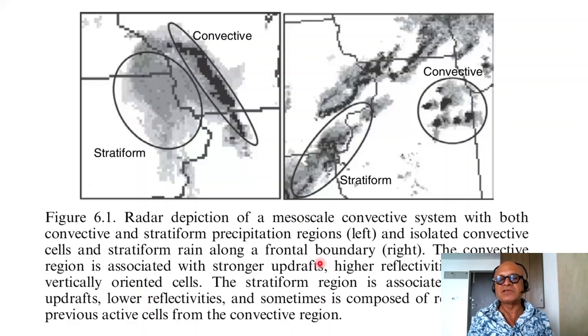So that's things to remember, but also note the strong juxtaposition of convection, stratiform here, and convective cells or mesoscale convective systems.